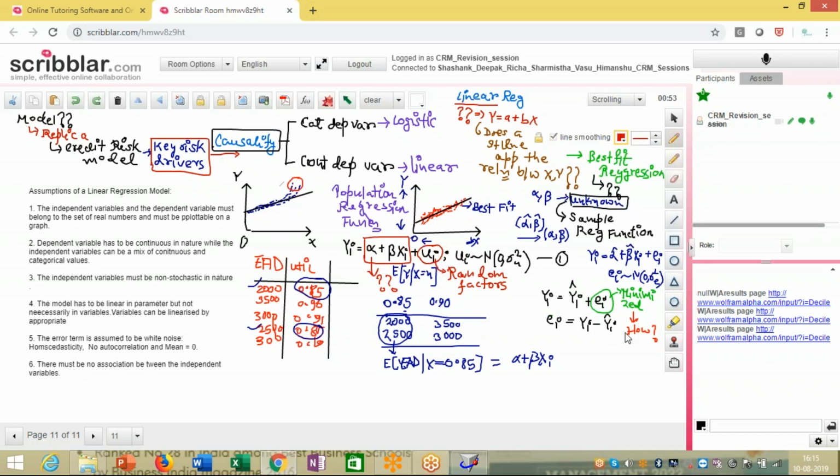So our objective will be to minimize the sum square error. So this is the SSE.